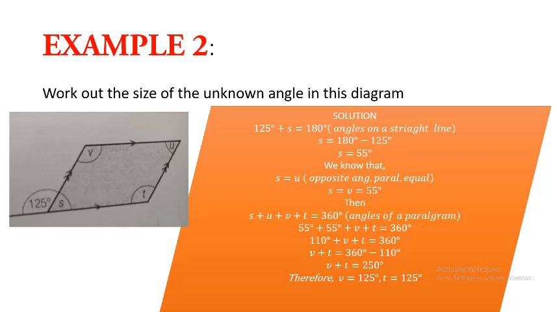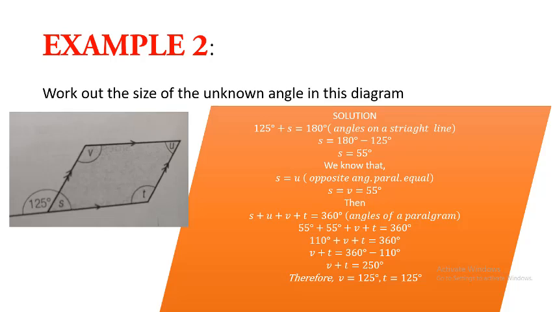Remember, the opposite sides of a parallelogram are equal. Inside there we don't have any angle which is given, but if we check outside the parallelogram, we have angle 125 degrees, which is an exterior angle. So we are going to use that angle to find the size of unknown angles inside that parallelogram.